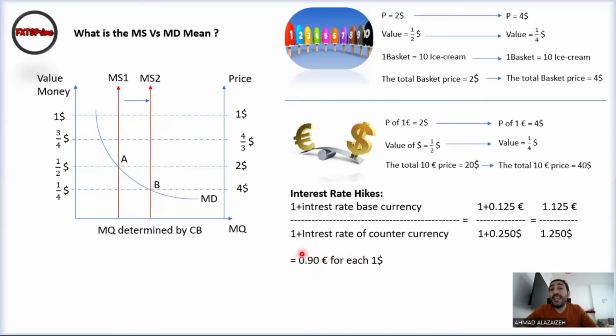So you can see here, I'm going to give 90 euro to have $1. That means the value of the euro is less than the value of the dollar, because you have to pay more euro to have $1.